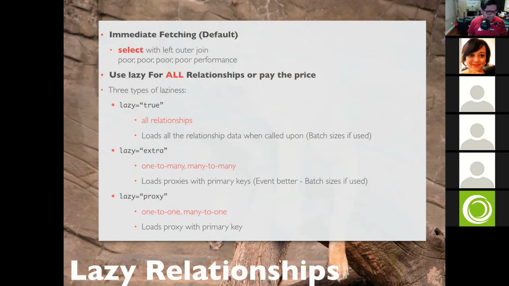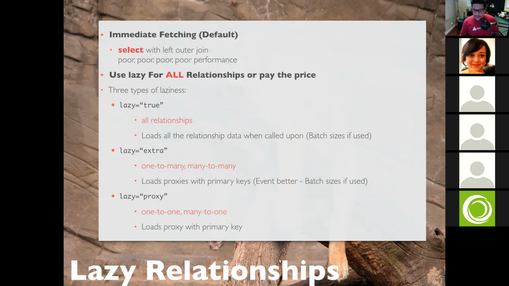And the only thing that it's going to put in those proxy objects is the primary keys. And also those can be batched. That has different use cases as well. And then you can also have lazy equals proxy, which in all reality can only be used for one-to-one or many-to-one. And it basically just loads the same proxy with a primary key. So it's kind of the same as extra, but it only applies to one-to-one or many-to-one.